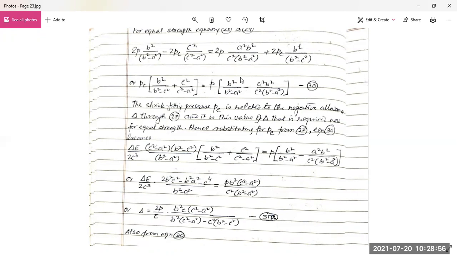The equation takes this particular shape, which is equation 30. Now, the shrink fitting pressure PC is related to the negative allowance delta through equation 27, and this value of delta is thus required for equal strength. That is required for equal strength because our motto is to keep this equal, to make it equal strength.